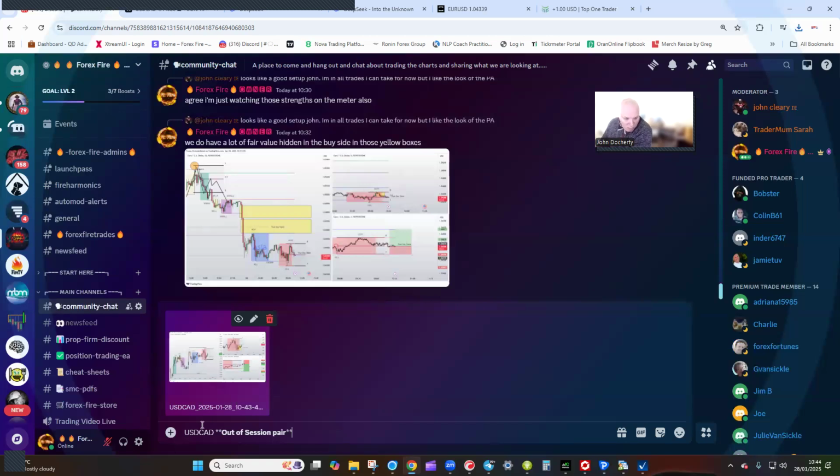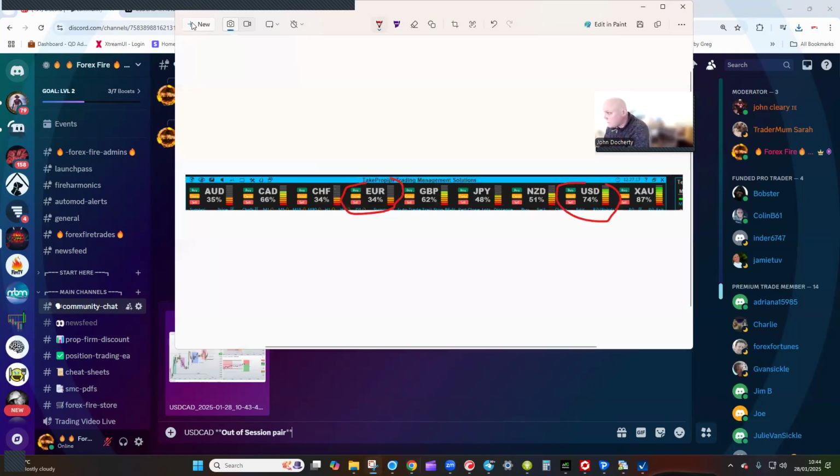Session pair. And what I'll do is I'll just grab the currency strength as well.